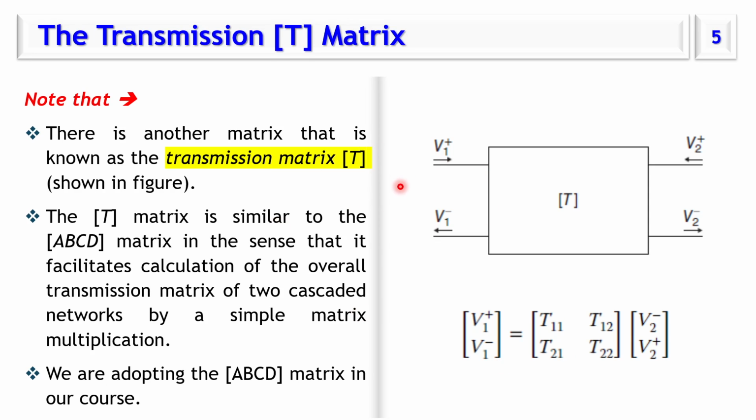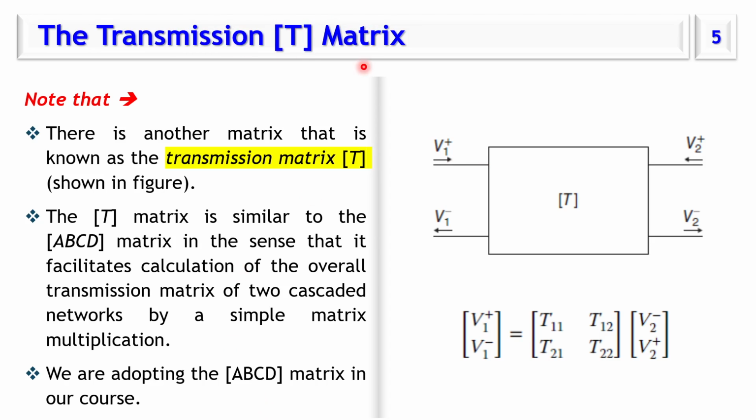Also, it's good to know that there is another transmission matrix called the T matrix. It is defined with V plus and V minus on port 1, and they are related. Sometimes some people use V2 plus and V2 minus, and some other people use it this way. But in our course, when we talk about the transmission matrix, we're going to adopt the definition of the ABCD.